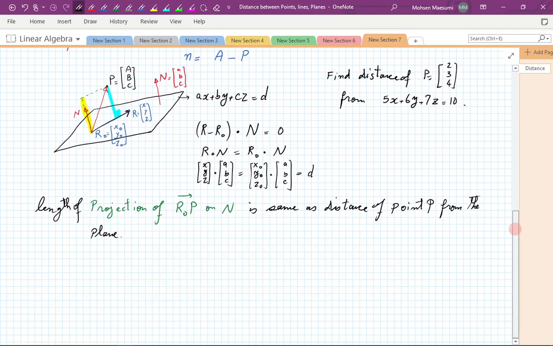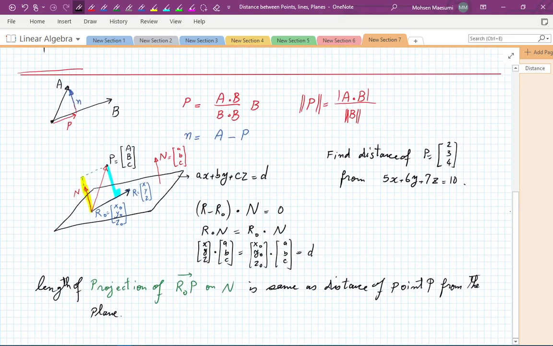Well, how do you find the length of a projection? You take the vector, dot it with the vector that you are projecting on, divide by the length of that.